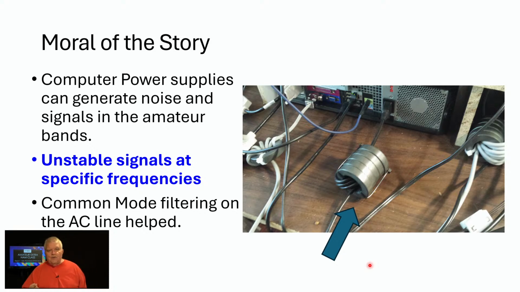They're unstable signals at specific frequencies, and common mode filtering on the AC line, in my case type 31 toroids with the power cord wrapped through them with multiple turns, eliminated the radiation of the RF interference. My RF interference went away. So ferrites are your friend. They can eliminate common mode even at the source.